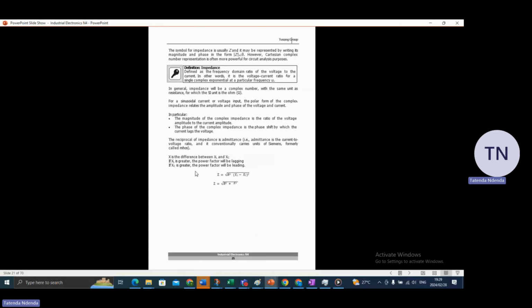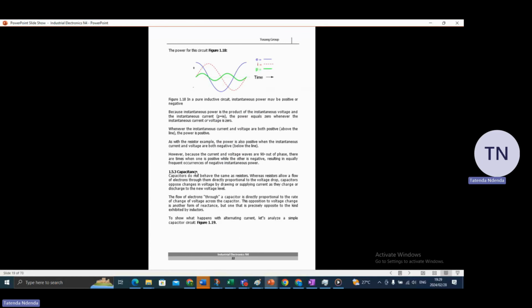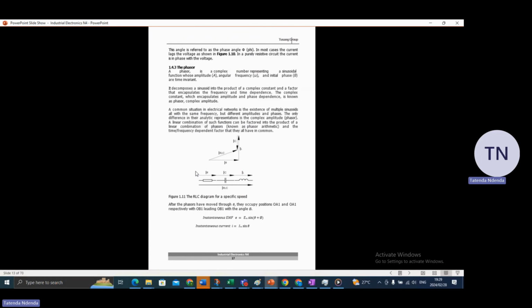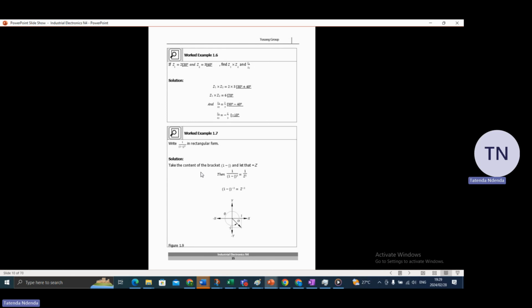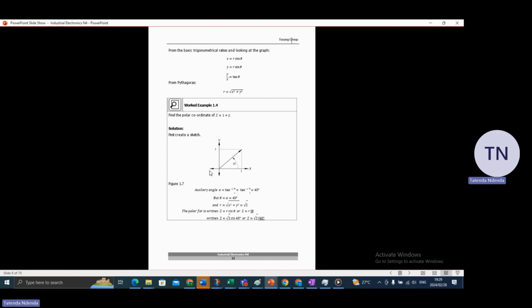Okay, so we're still on the complex numbers, but a lot of us were having problems on how do we solve certain variables, right? So for example, we're dealing with example 1.4, whereby we're having find the polar coordinate of z is equals to 1 plus j. So the first thing that we said we have to do was to create a sketch.